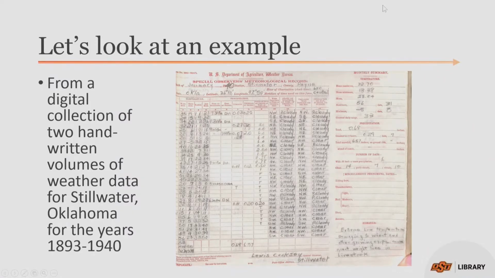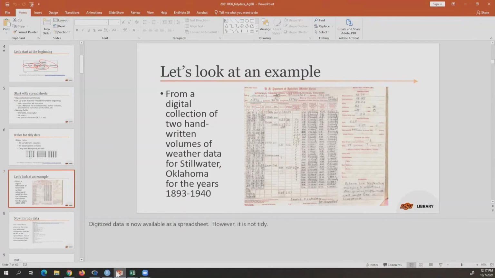So let me get over here and I will show you the data from the spreadsheet. This was laboriously transcribed by our metadata librarian here in the library, and I assume her assistants who are students.